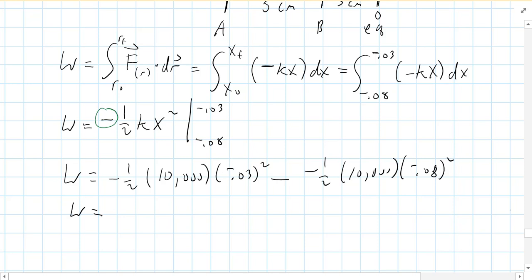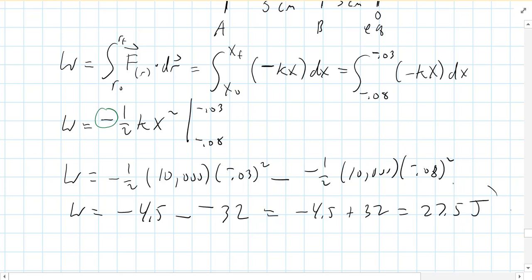For that first term, I got a negative 4.5, and for the second term, I get 32. So this becomes negative 4.5 plus 32, which equals 27.5 joules. So that's the work done by the spring.